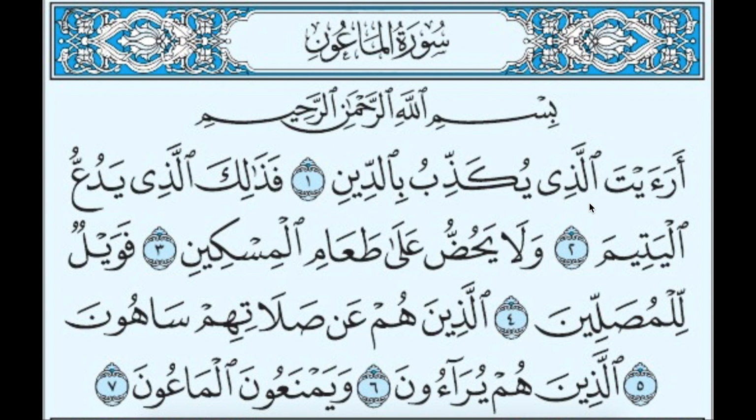We call this ism mawsul, which is a connector, that which or whom, things like this. Yukadhibu bid-deen, he lies about the deen. You notice I said bid-deen, not bil-deen, even though there's a lam here. So there are some letters where you do not pronounce the lam.